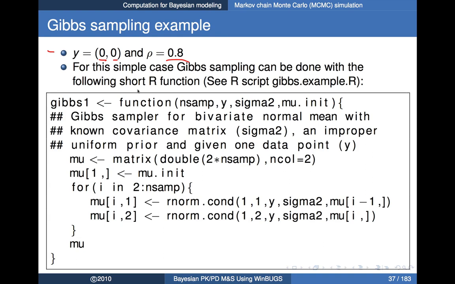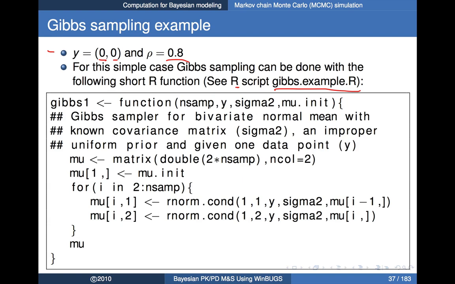Also, I believe I've included on the USB drives we sent out, you should find in the MI250 directory, there should be a function there called Gibbs.example.r, which contains this function as well as the other things needed in order to call it to do the Gibbs sampling.